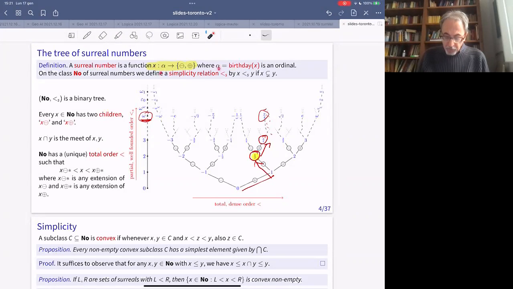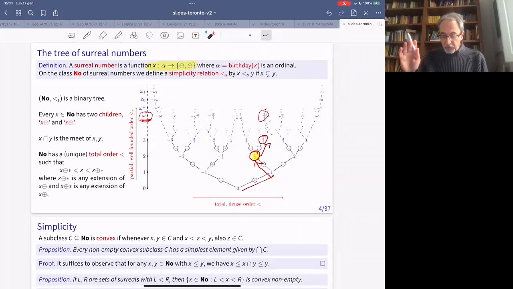The domain of the function is called the birthday. So for instance, the birthday of 0 is 0. The birthday of 1 and minus 1 is 1. The birthday of 1/2 is 2. So the length of the binary sequence is the birthday.